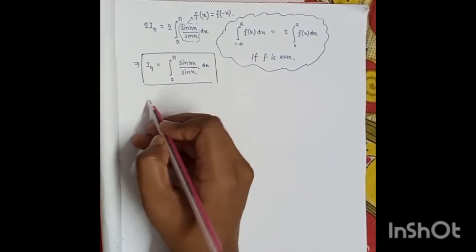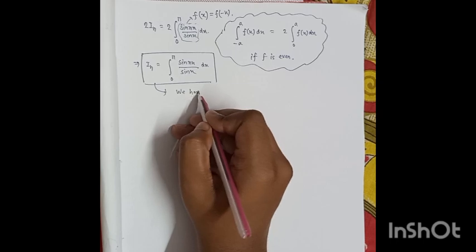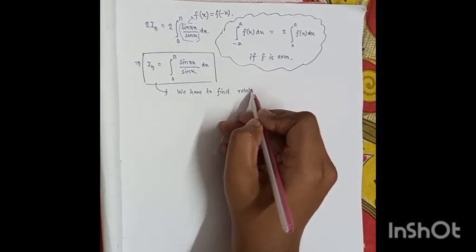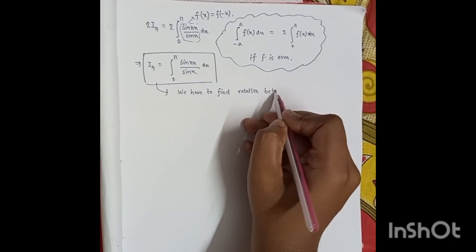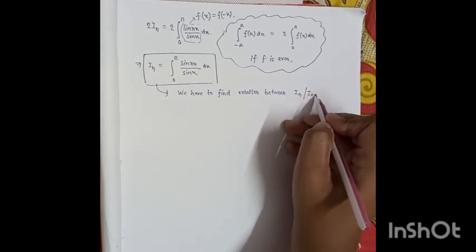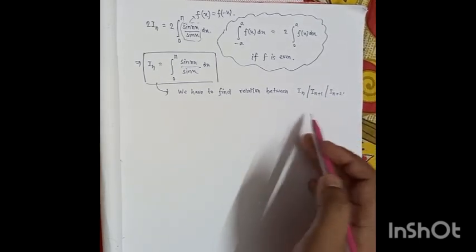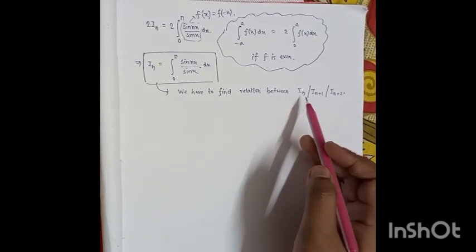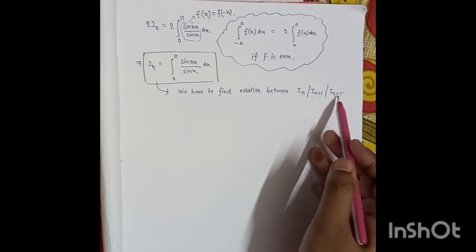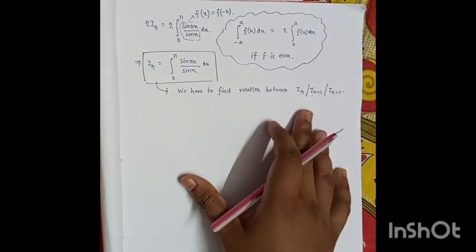So we have to find a relation between In plus 1 or In plus 2. Basically we have to play with In plus 1, In plus 2 and try to find a relation that relates them.